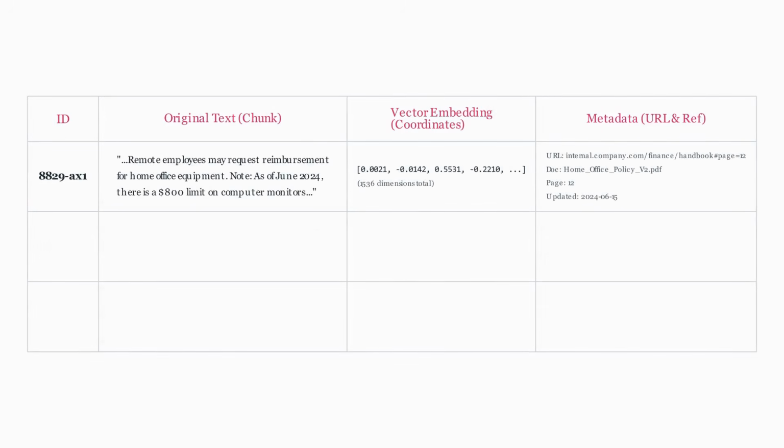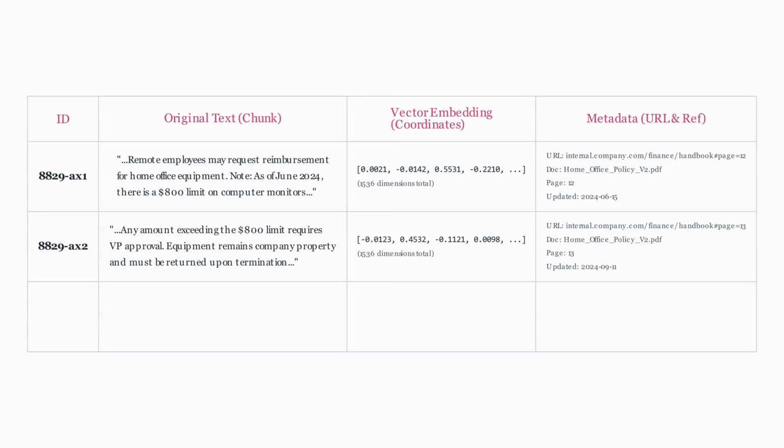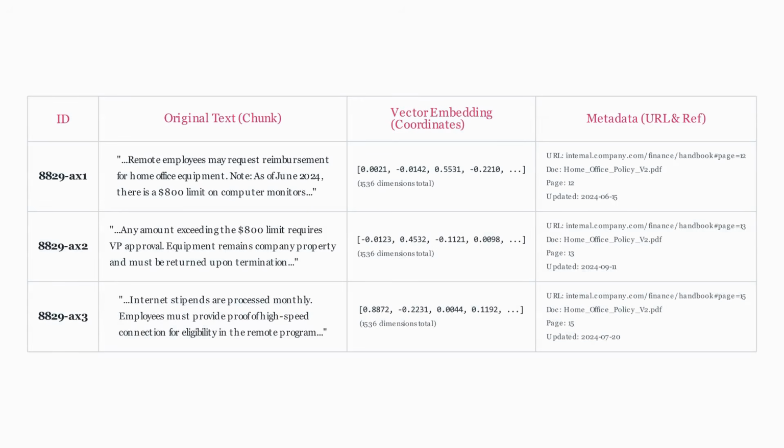And in the table, you can also see the other components like original text, vector embedding, and metadata. Metadata includes various information like source URL, document name, page number, and updated date time. Keeping all this information in addition to vector embedding will allow us to provide more information to users for transparency.